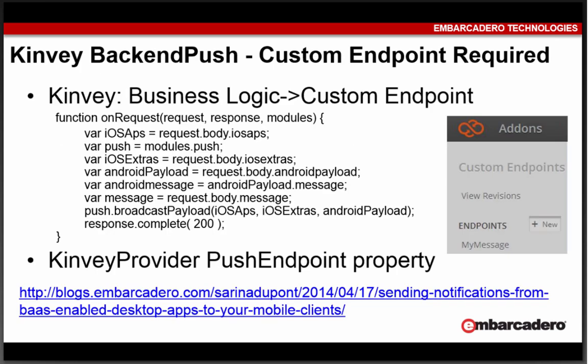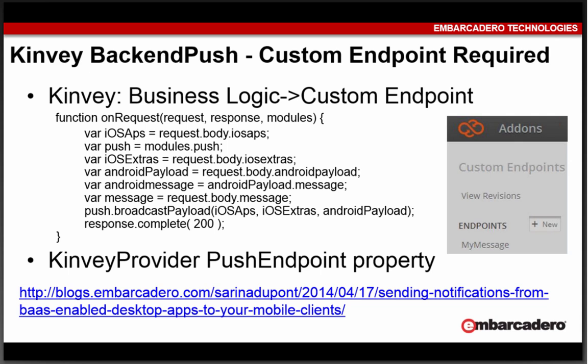Those are the components. To do a backend push from a desktop application for Kinvey, you need to create a custom endpoint, and the custom endpoint will take the data that you send to Kinvey from a backend push, and you can provide some JavaScript up there that lets it take the columns or fields that you send and create the broadcast payload for iOS and Android for the push notification that comes down to your device.